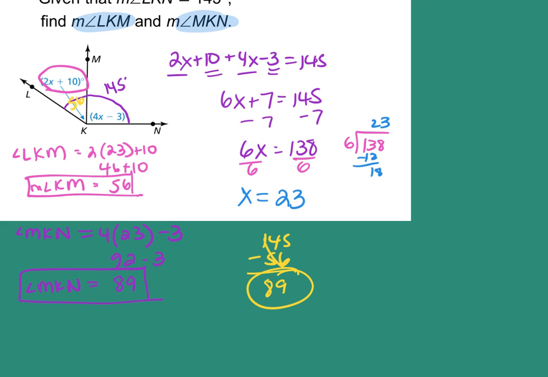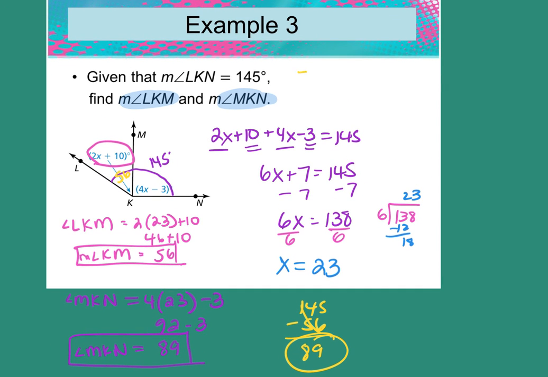Okay. Good morning. So how would this have been different if the information given said that ray KM is the bisector of angle LKN? How would that have changed things if that ray in the middle was the bisector of that angle?